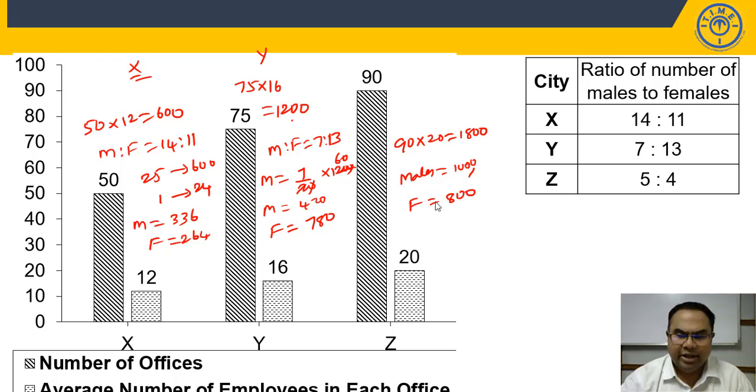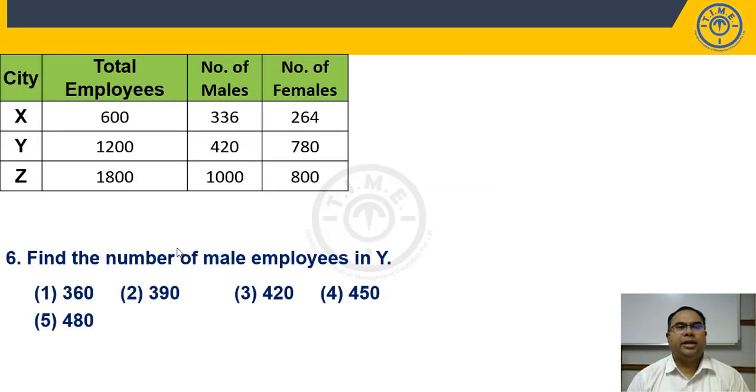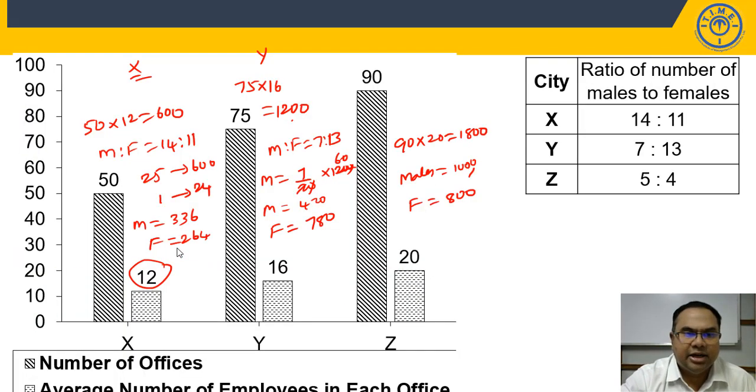Once we have done this decoding, we will put this in the tabular form. Now see here, number of offices and in each office how many are working, average number of people. So how will you get total employees? Total employees is nothing but number of offices multiplied by number of employees in each office. So this is how my table looks like. Total 600.